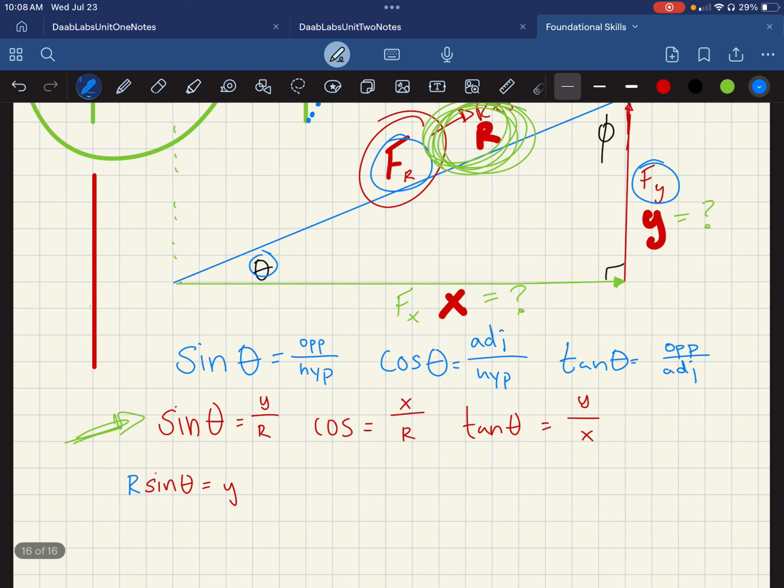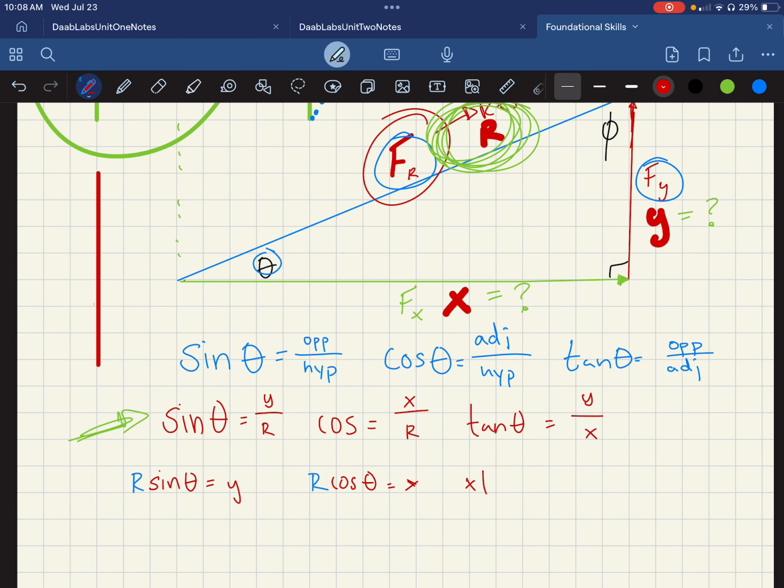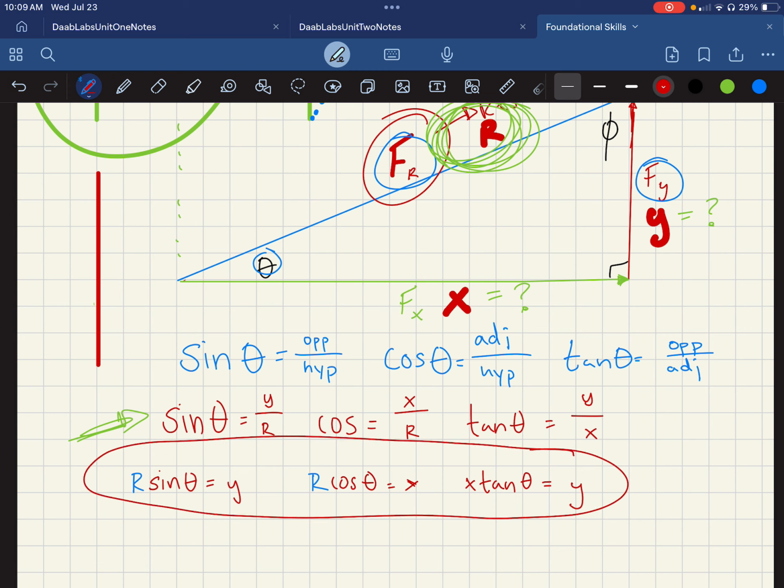This one would become r cosine theta equals x. And then lastly, it's a little bit different here: x tan theta equals y. These right here are going to be used, I'd say, 8 out of 10 times, and then another variation might come up a little bit, in some of the more rare circumstances.